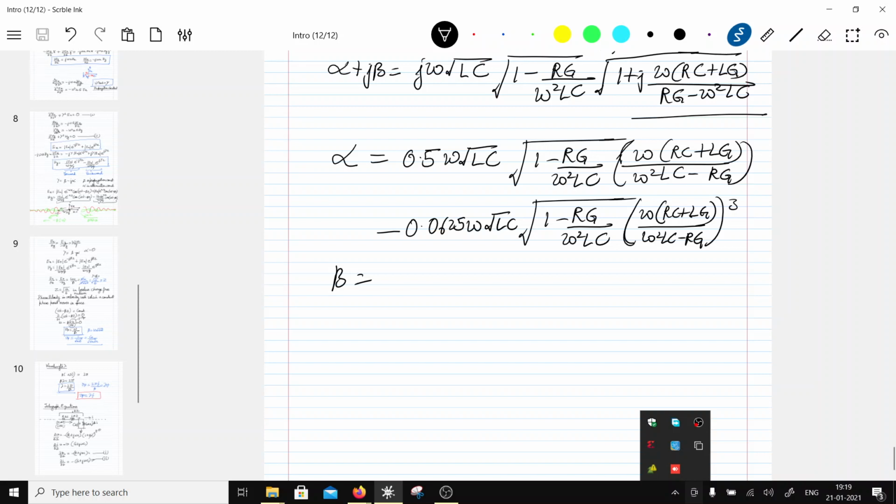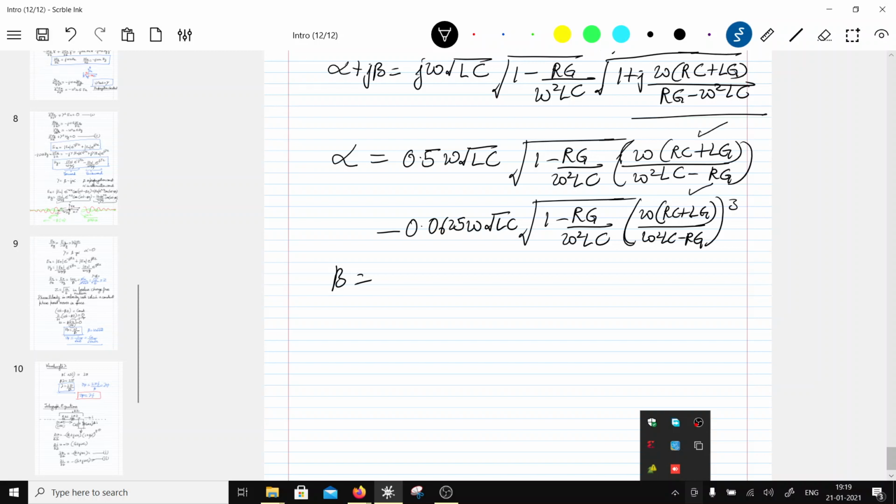If Rg is equal to 0, then these terms will disappear, right?